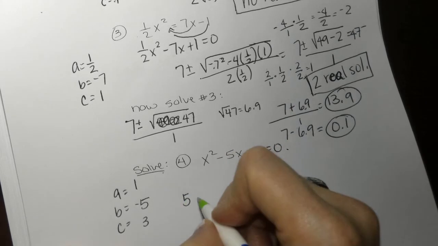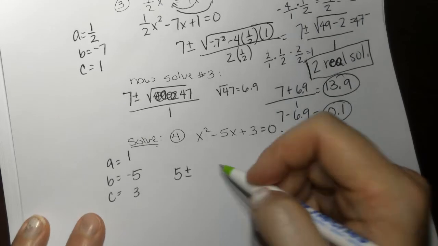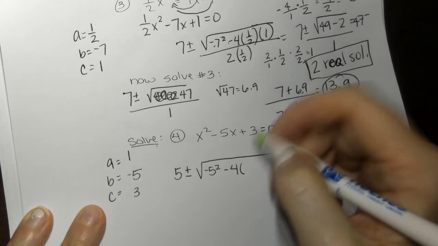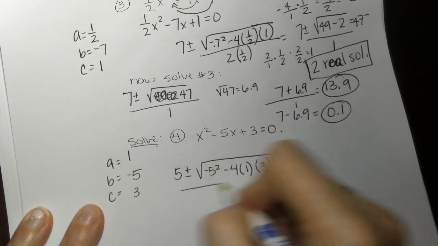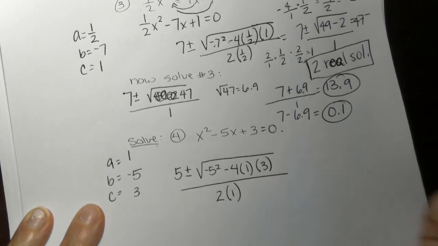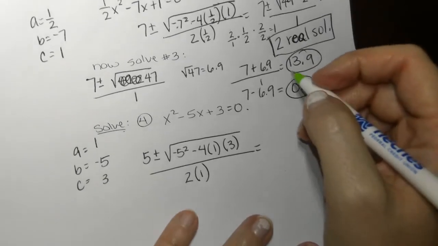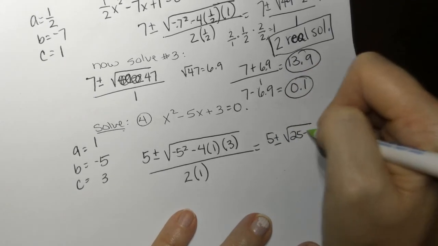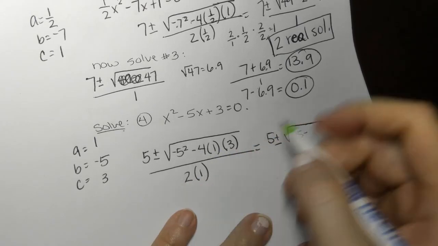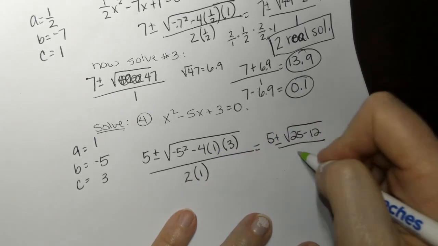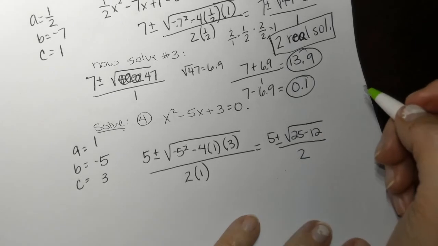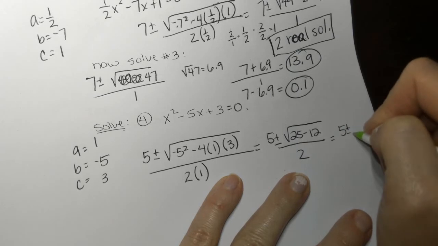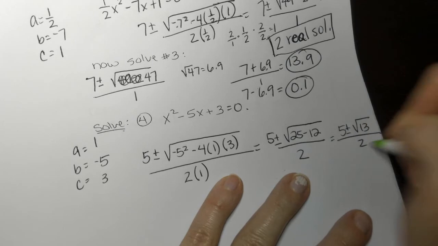Negative B, so positive 5, plus or minus the square root of B squared minus 4 times A times C all over 2 times A. Alright, let's simplify that down. 5 plus or minus square root of 25 minus 12, all over 2. Okay, so that means it's going to be 5 plus or minus square root of 13 over 2.